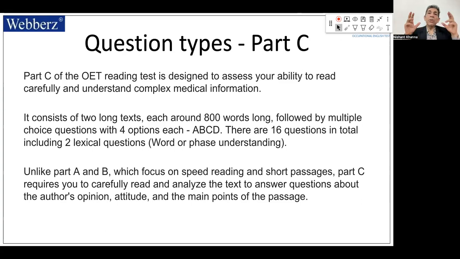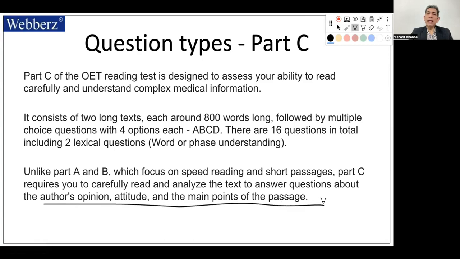Part C is substantially long. We have to analyze the questions, understand them, about the author's opinion. We have to understand the author's attitude, the main points of the passage, and things like that. As and when we go in, we'll understand what the article is about and what the questions are about.